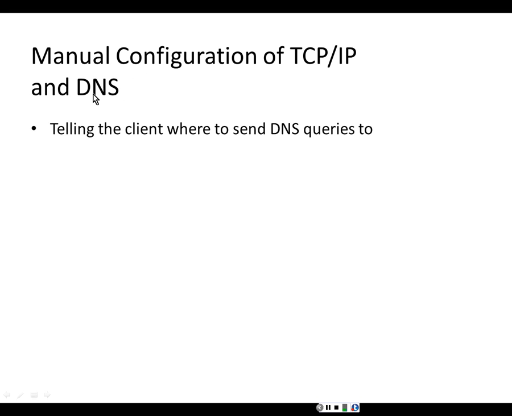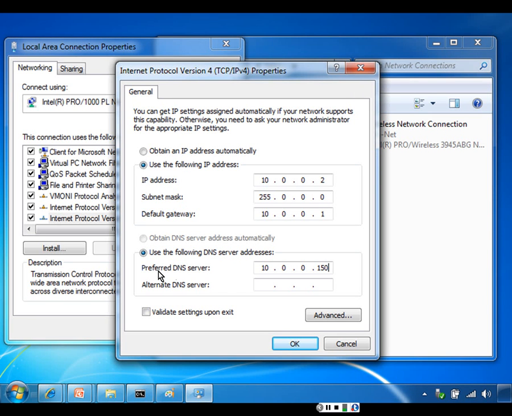In other words, when you're configuring TCP/IP for DNS, you are telling the client where to send DNS queries to. And if you recall, under TCP/IP properties, the fourth variable to type in is the IP address of the DNS server. So we go to every single client, and we type in the IP address of the DNS server.